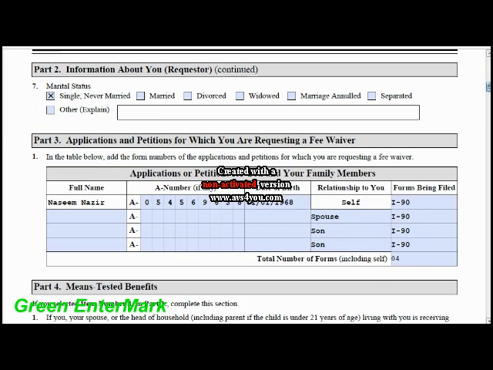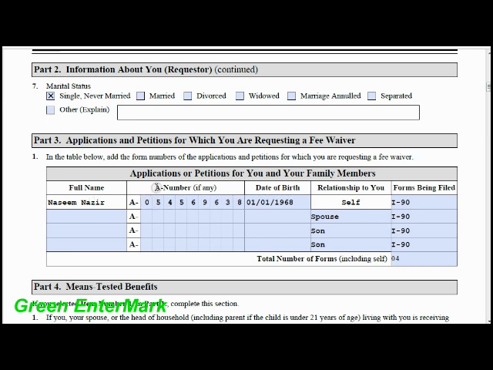Now Part 3. In Part 3 you have to mention all your family members and their names who are requesting this fee waiver for any USCIS process, and also mention the form number for which you are submitting this form. In this table, you have to mention the full name in the first column.